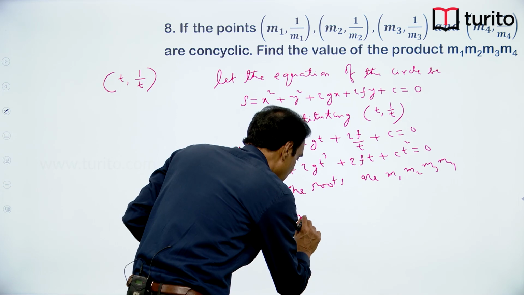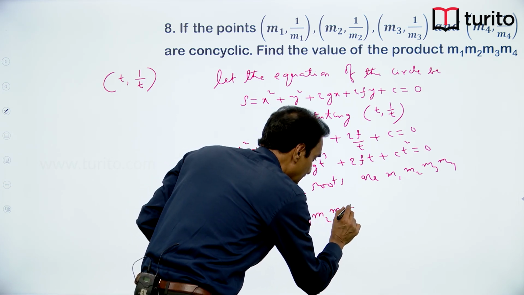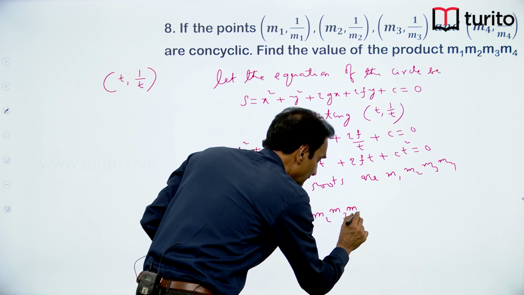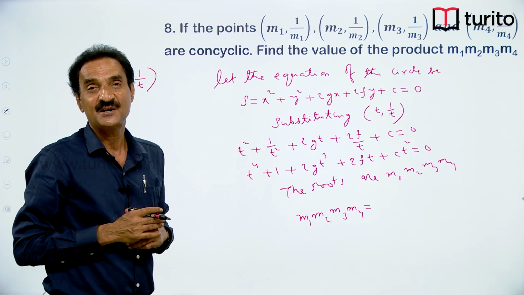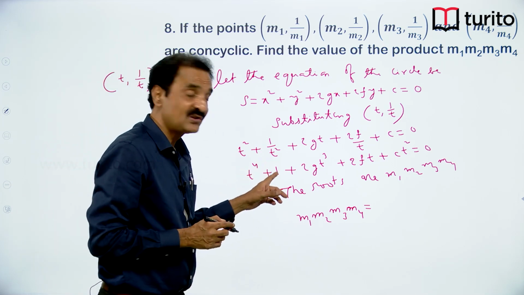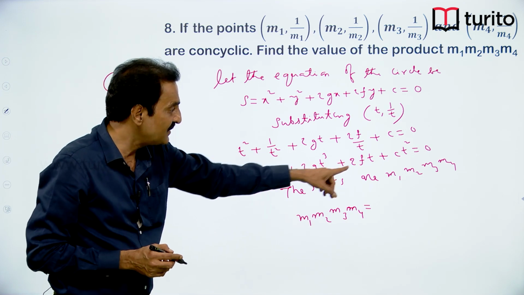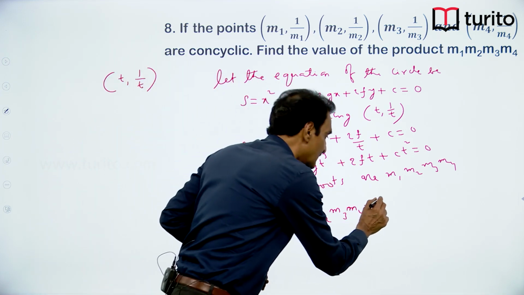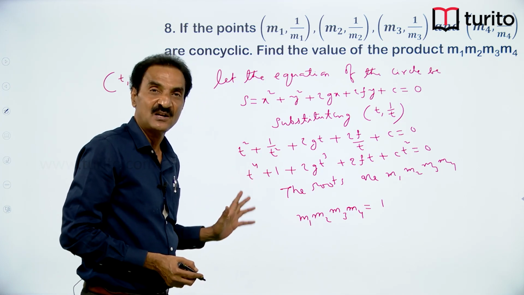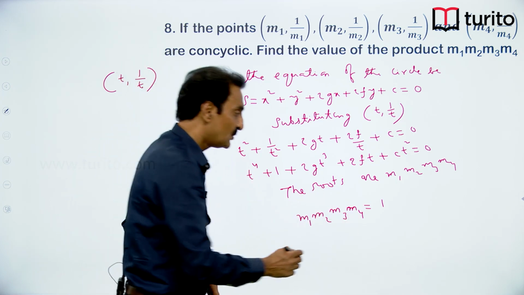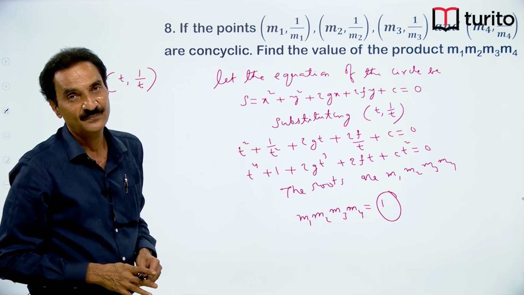So, product of the roots of a fourth degree equation is the constant term by coefficient of t power 4. What is the constant term in this equation? 1, divided by the coefficient of t power 4, that is also 1, 1 by 1 is 1. So, our answer is 1, the value of the product is 1.